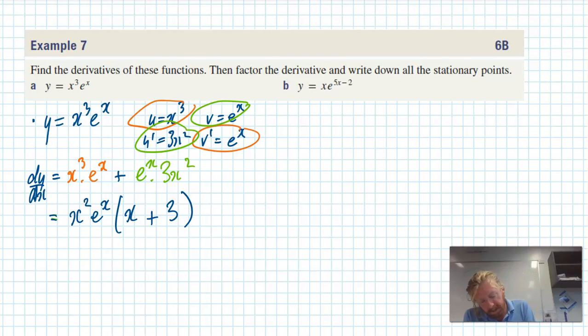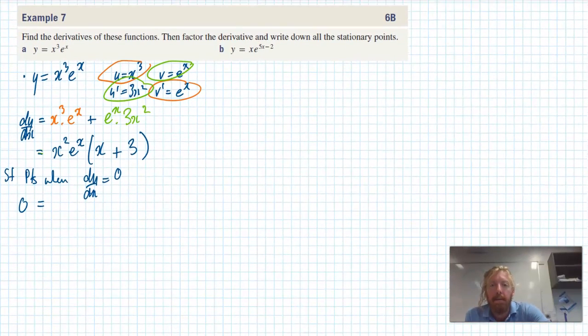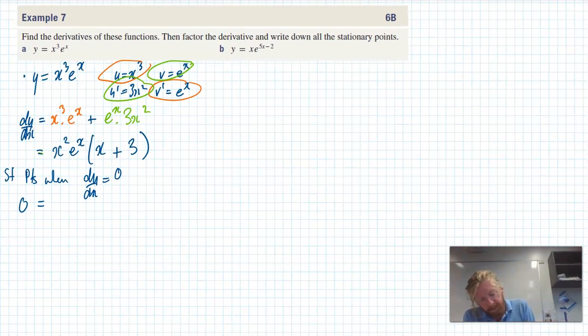Stationary points. I've got stationary points when dy dx equals 0. So 0 equals x squared e to the x times (x plus 3).